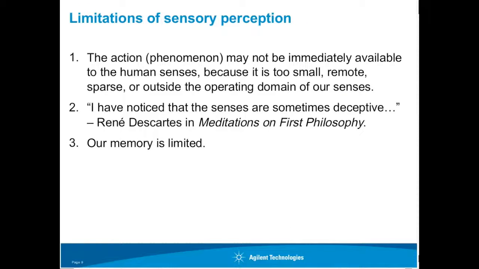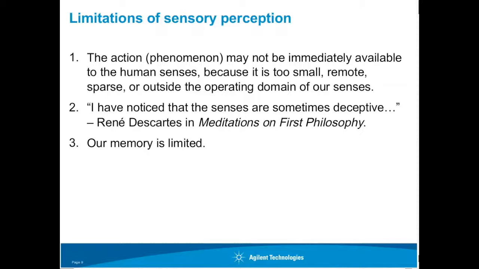Okay, so sensory perception really is the foundation of science, but there are some definite limits to sensory perception. The first limit is that the action or phenomenon may not be immediately available to the human senses because it is too small, remote, or sparse, or outside the operating domain of our senses.